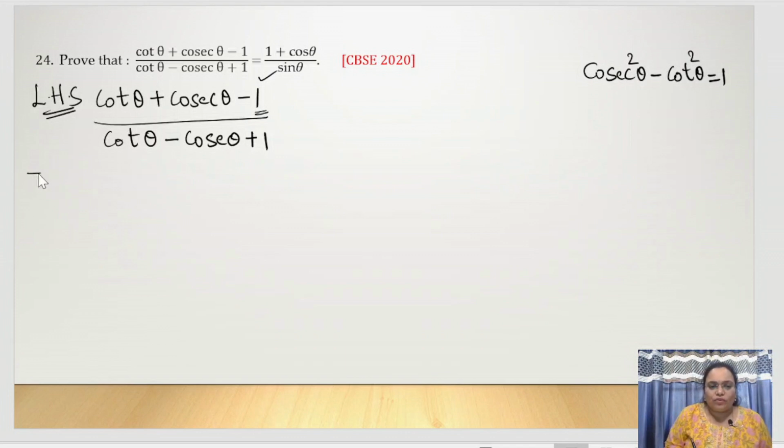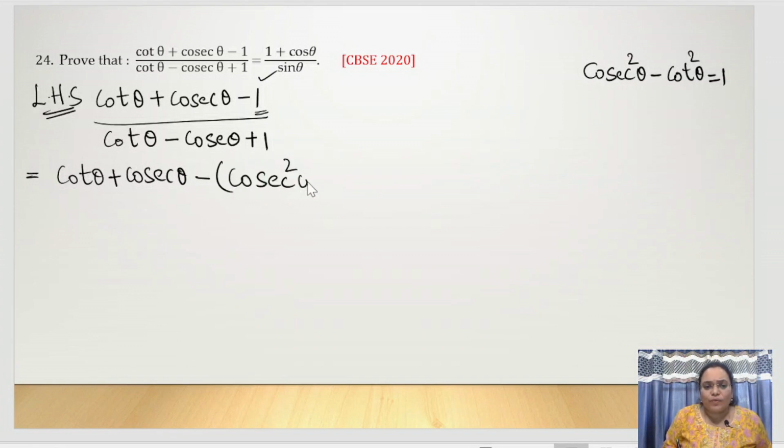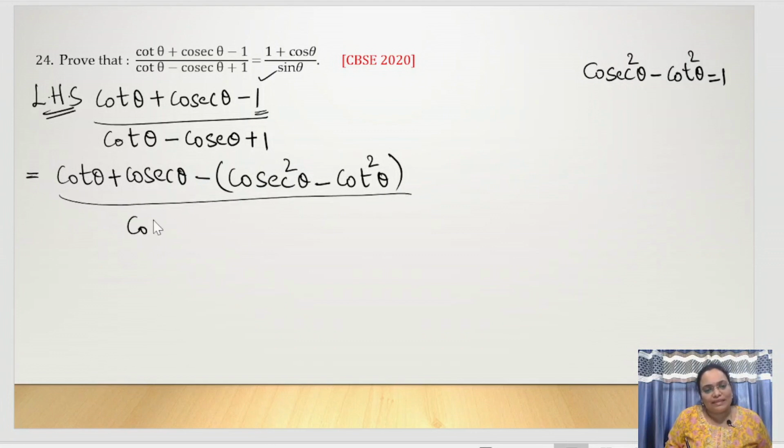So cot theta plus cosecant theta will be same, minus 1 can be written as cosecant square theta minus cot square theta, divided by the denominator, which will be same: cot theta minus cosecant theta plus 1.